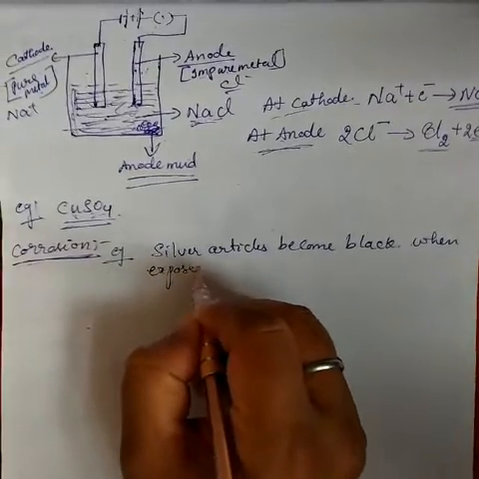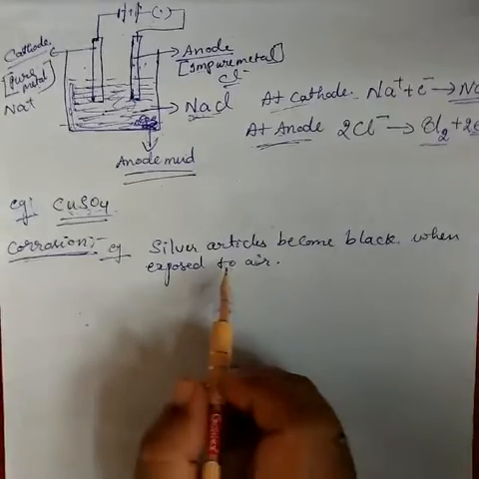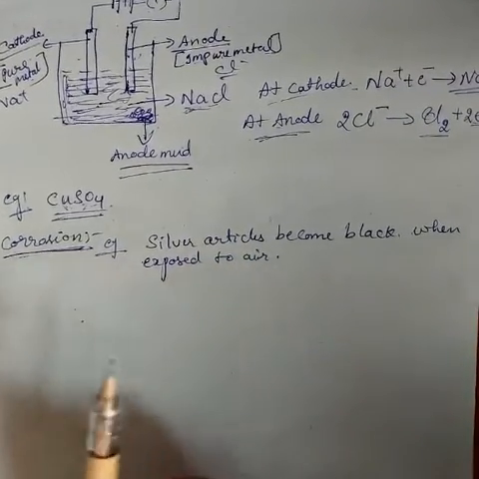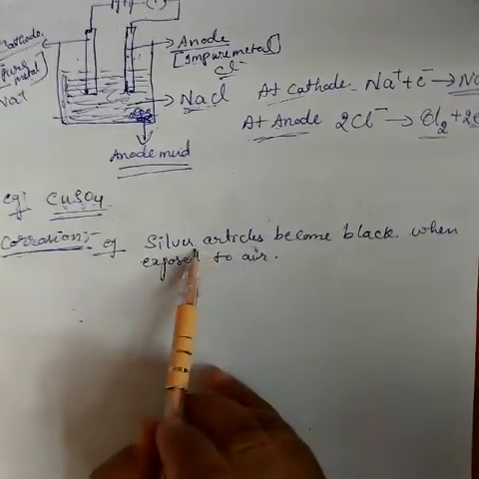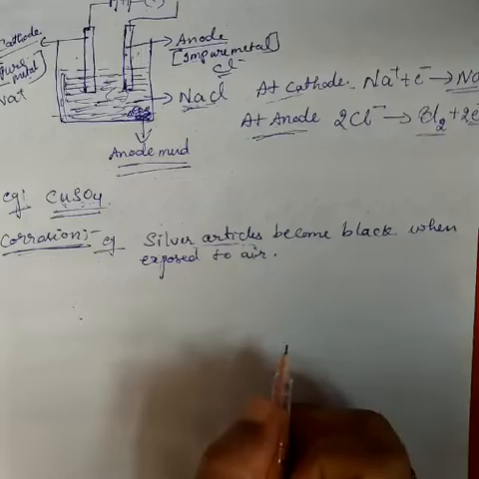When exposed to air after some time, why does it become black? Silver is a low reactive metal, even though it appears black when exposed to air. What's the reason behind that?